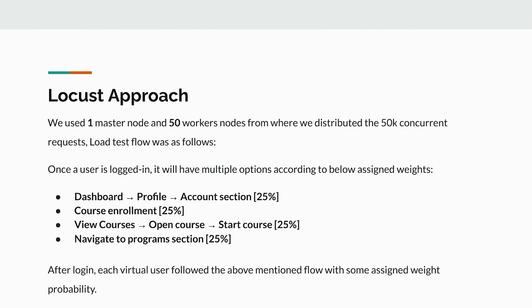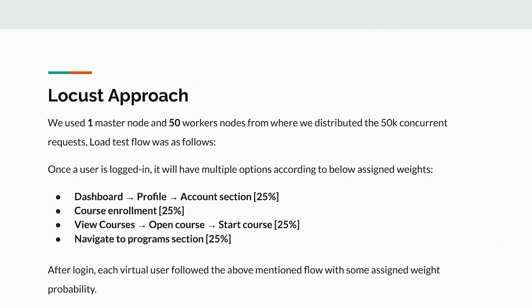So to make it more compatible with real user behavior, we created 4 chunks. In the first chunk, 25% of the users will log in, go to the dashboard, profile section and account section. The other 25%, the second chunk, will go to the course enrollment part.